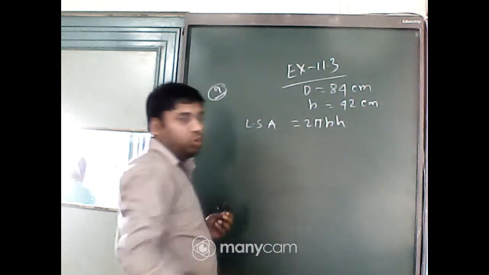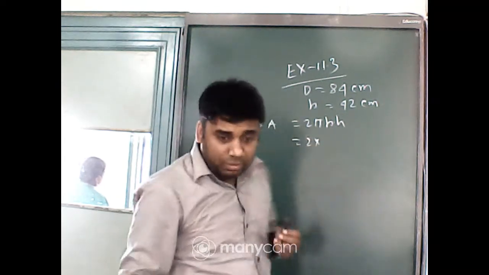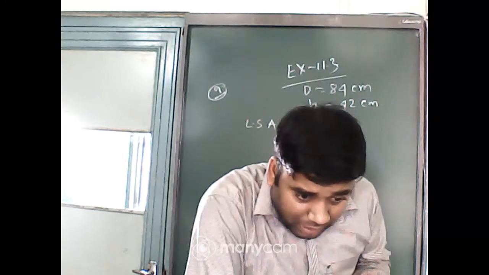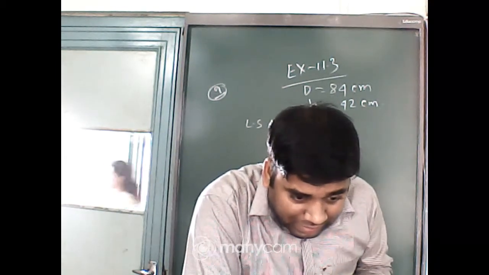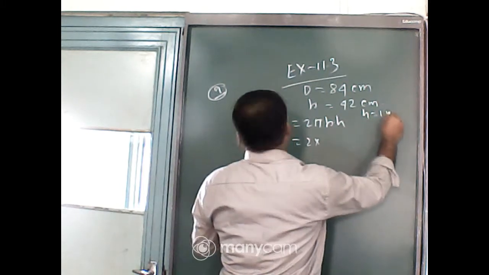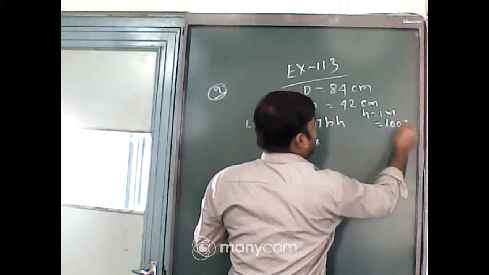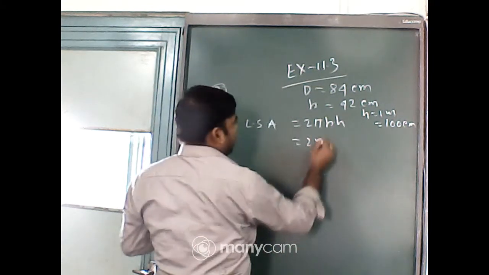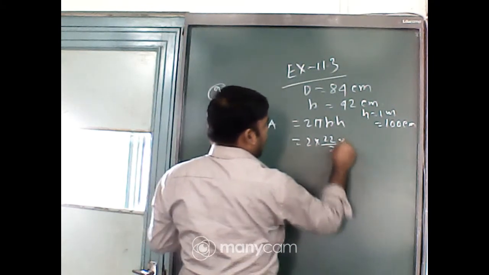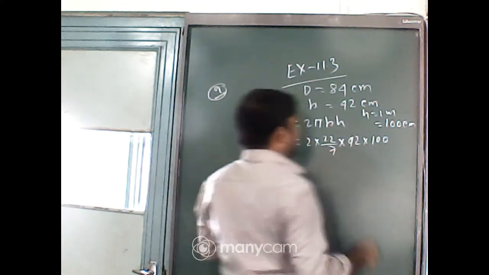Okay, 2 pi RH, that means 2 into pi, and it is given its length is 1 meter. Students, length is 1 meter. That is taken as 1 meter. 1 meter changes into centimeter to 100 centimeter. 22 by 7, R means 42 and height or length, that is 100 centimeter.